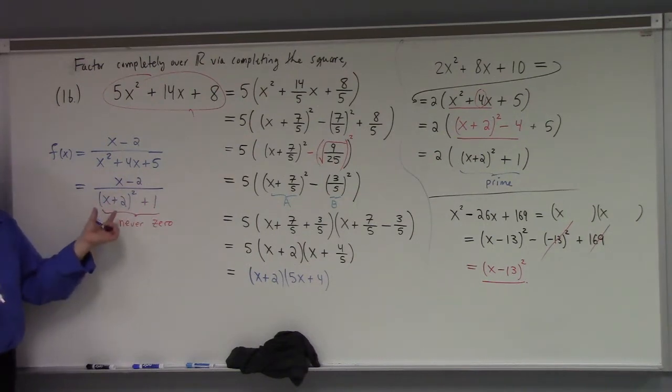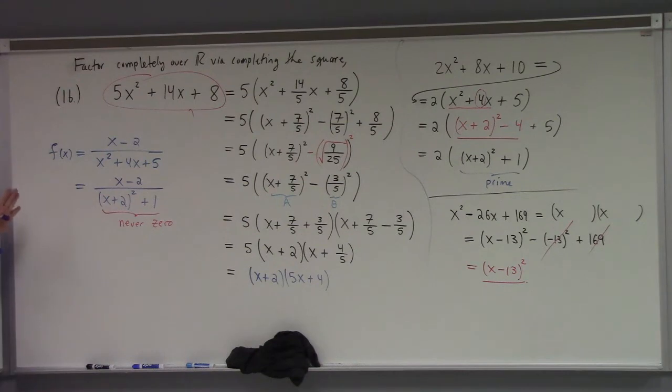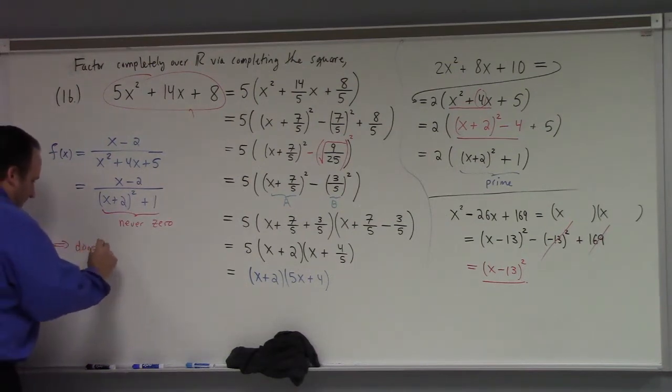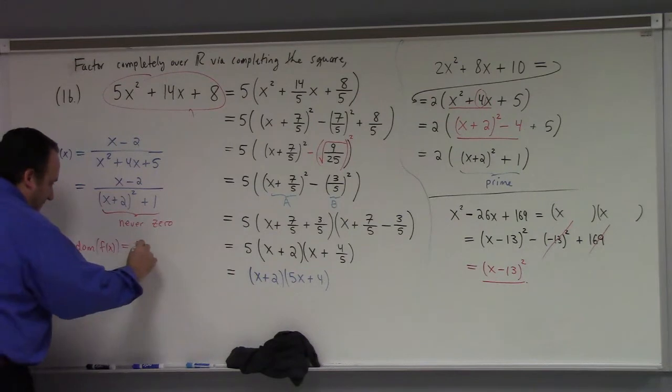Something squared can't be negative. In fact, the smallest the denominator could possibly be is 1. That happens when x equals minus 2. Anyway, my point is, no division by 0. So does this formula ever break? It does not. This formula is defined for all real x. So this tells me that the domain of f of x was in fact minus infinity to infinity.